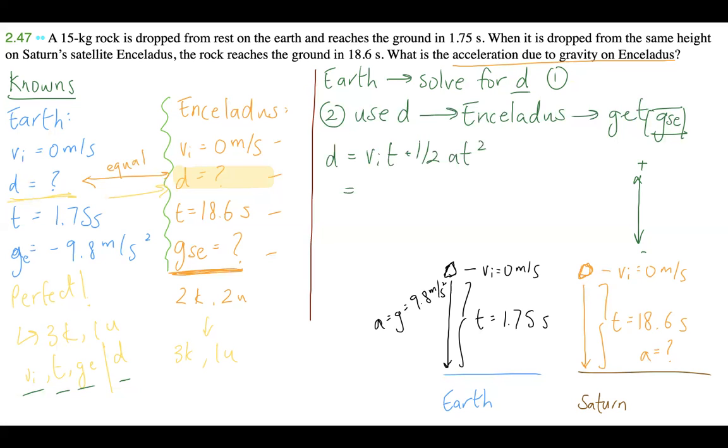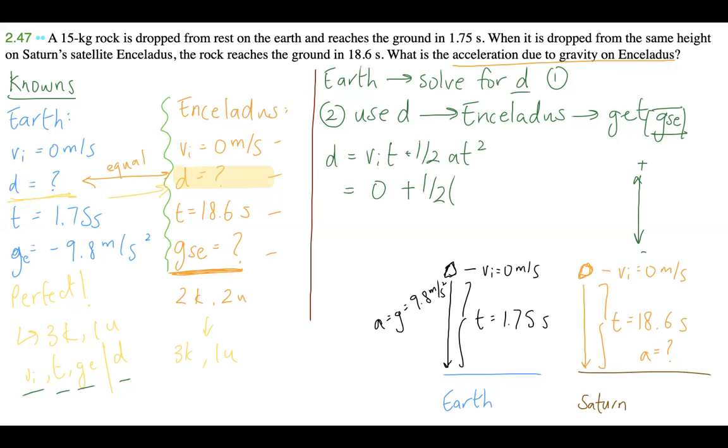So VI is 0, right? Then we have plus half, and what's going to be our acceleration?